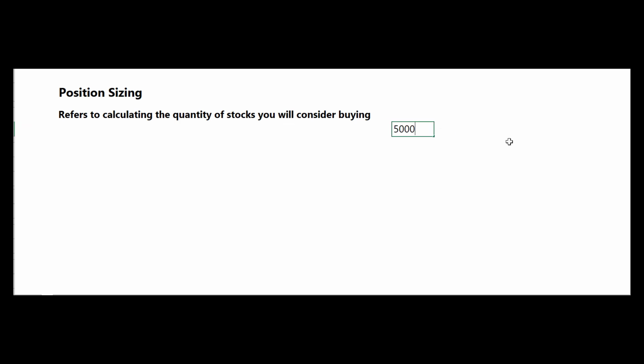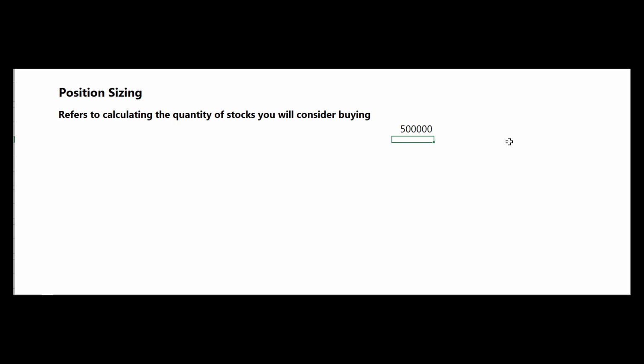Okay, so let's start. Position sizing refers to calculating the quantity of the stock you will consider buying. Suppose you have a fund value of 5 lakh rupees.